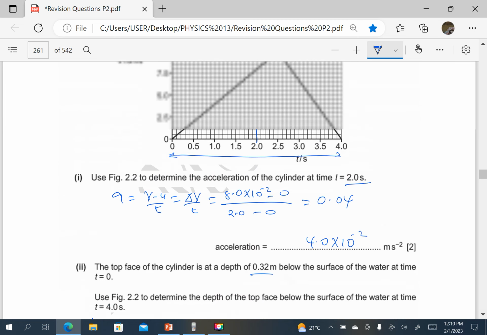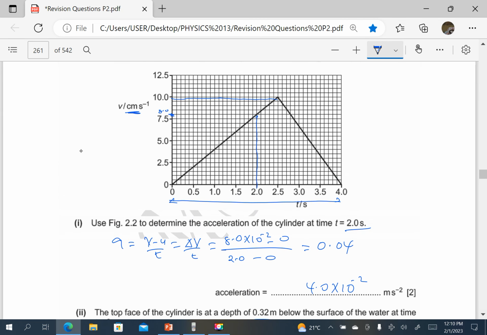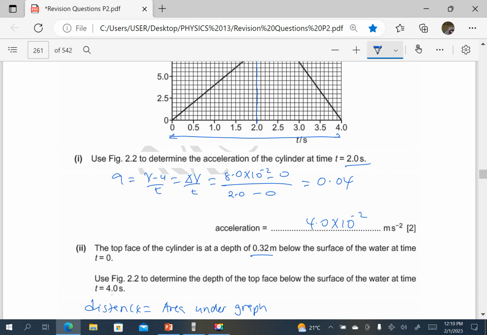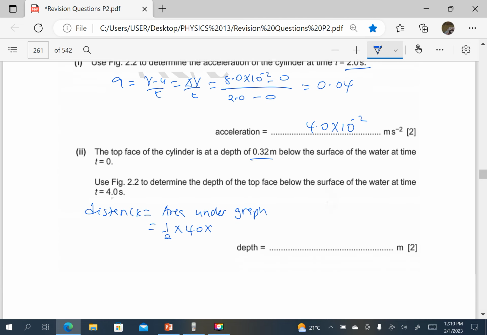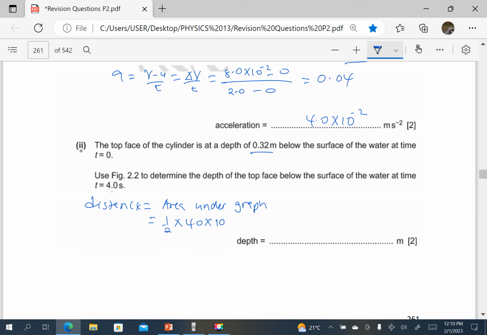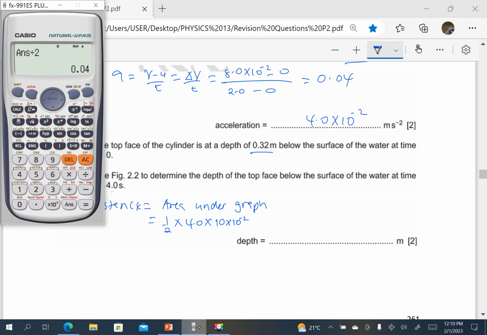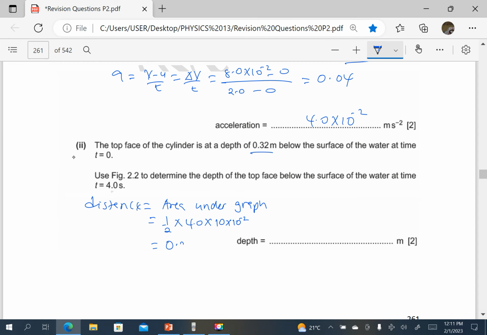Remember on the vertical we have centimeters per second, so this will be times 10 times 10 power negative 2 to change it to meters per second. So this is 4 times 10 exponent negative 2, then divide by 2. That is 0.2, so the distance is 0.2 meters. That is the distance moved in that time.